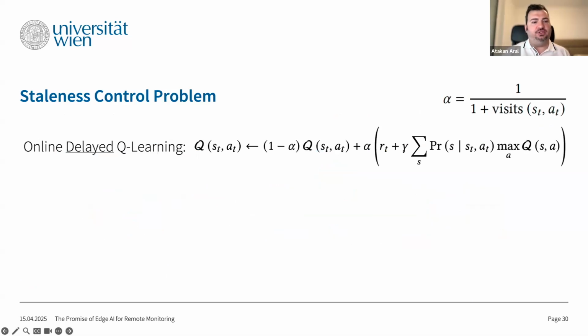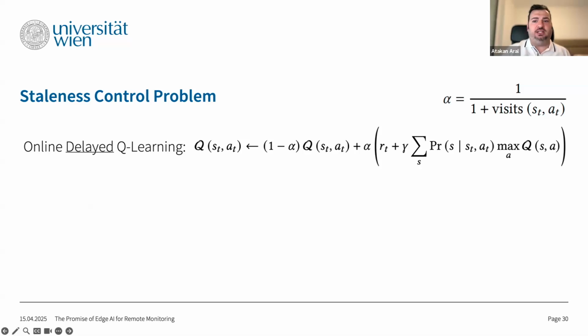And based on this Markov decision process, we implemented a Q-learning model. I will not go into the details of Q-learning, but it's a reinforcement learning approach, and we used a specific version called delayed Q-learning.